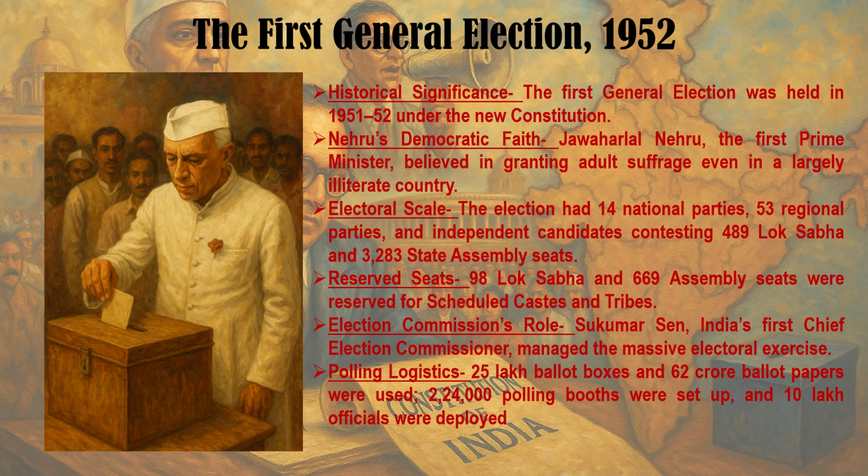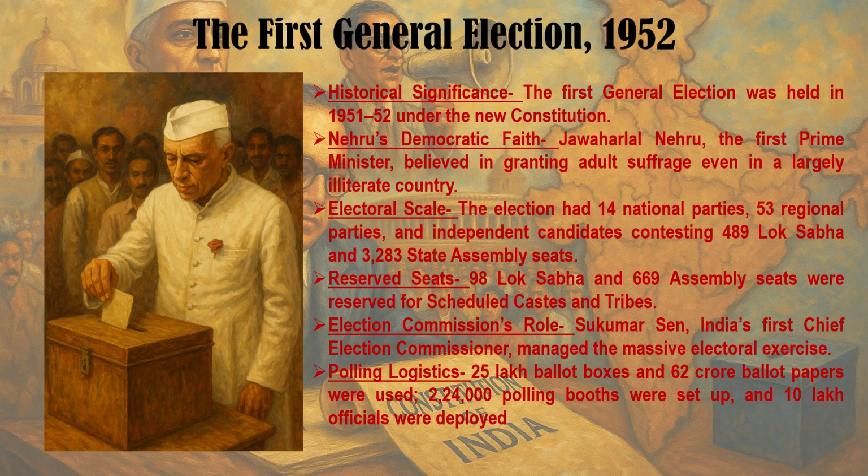So these are the logistical things which needed to be done during the election. 25 lakh ballot boxes in different parts of India were installed, and 62 crore ballot papers were there, which could support the casting of votes for the entire population above 18 years of age.